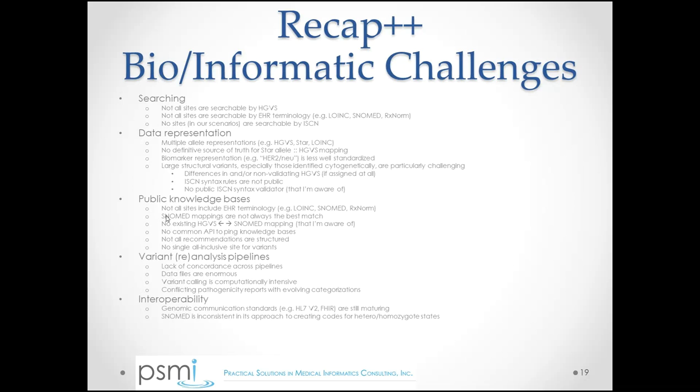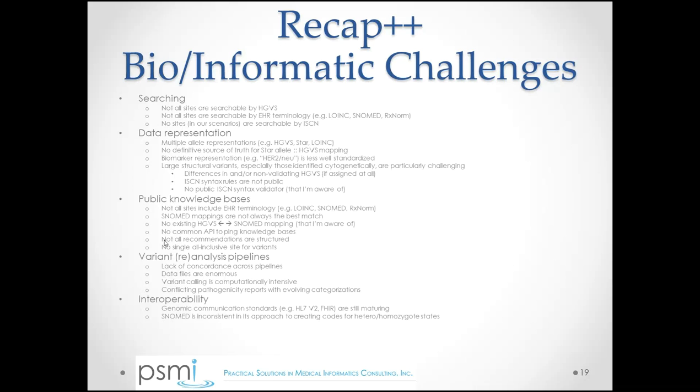We've seen examples where the SNOMED mappings are not always the best match. There's no existing HGVS to SNOMED mapping, at least that I'm aware of. Some of these knowledge bases are beginning to think in terms of a FHIR API, but as it stands, there's no common API to ping knowledge bases.